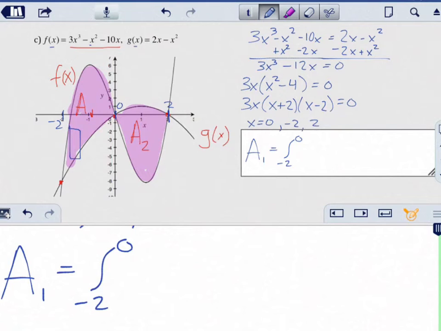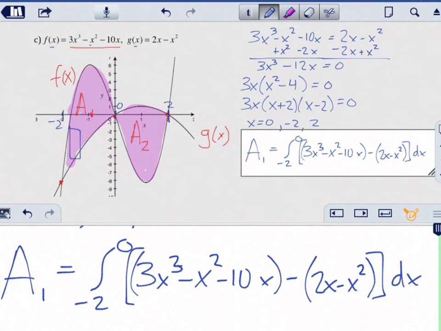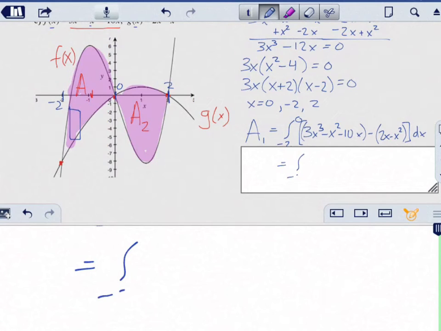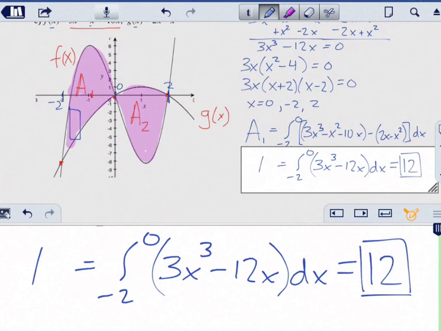So here we're going to get f of x, 3x cubed minus x squared minus 10x, and this is going to be minus g of x, which is 2x minus x squared. This is with respect to x, and if we simplify that, we are going to get 3x cubed minus 12x dx, and when we evaluate this, we get an area of 12 here. So A sub 1 equals 12.